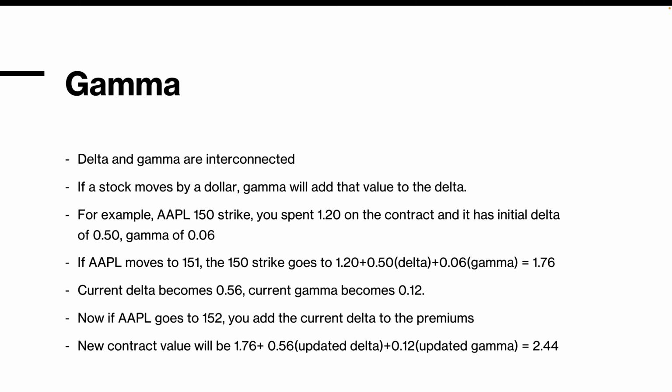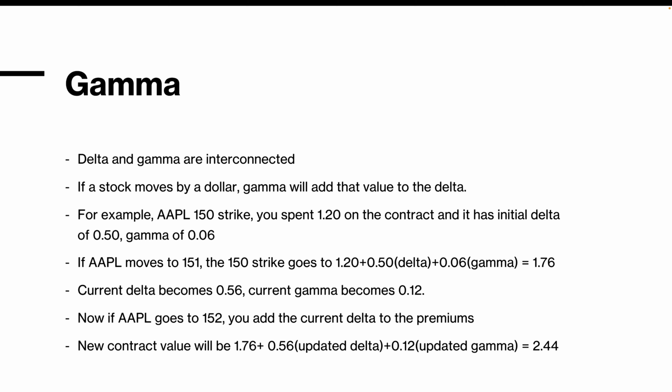You spent $120 on a contract that has an initial delta of 0.50 and a gamma of 0.06. Whenever I say 0.50, it means you're going to make or lose $50 for every single dollar move. And the gamma is 0.06, which means for every single dollar to the upside, $6 is going to be added to your delta.